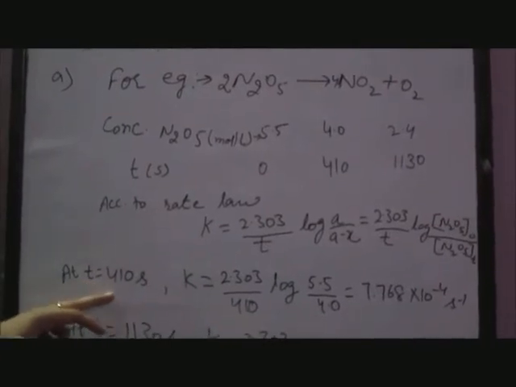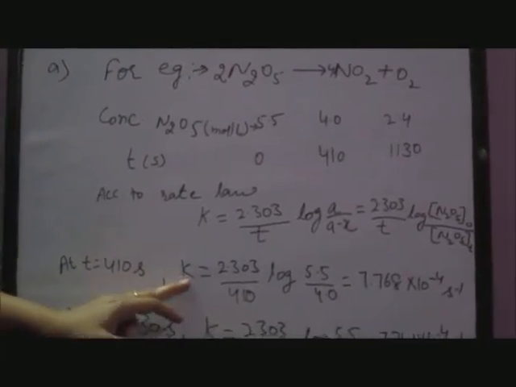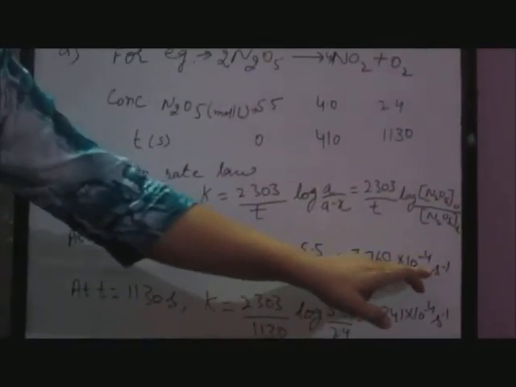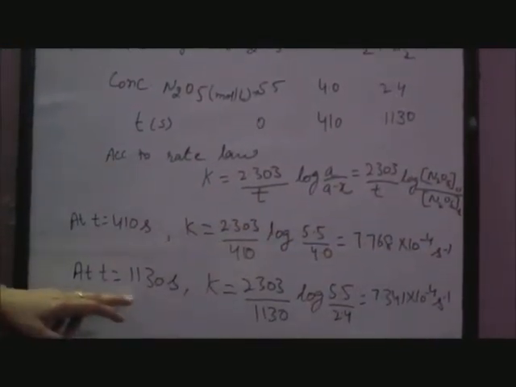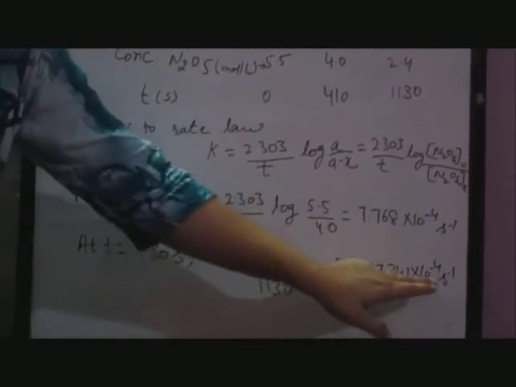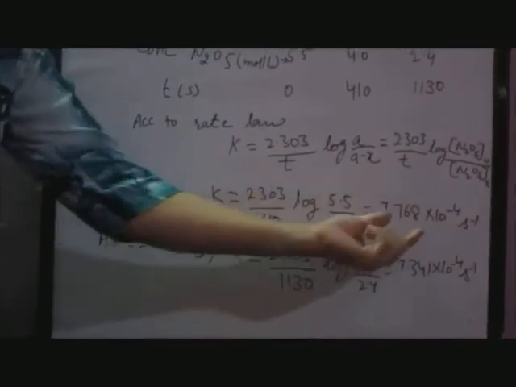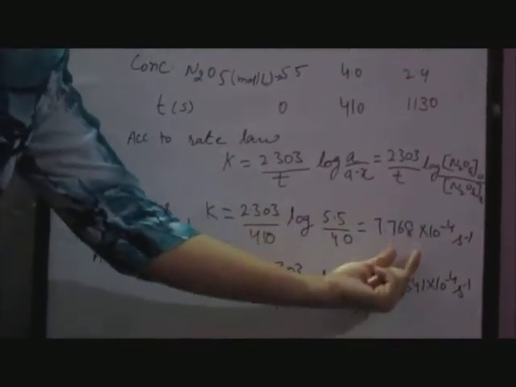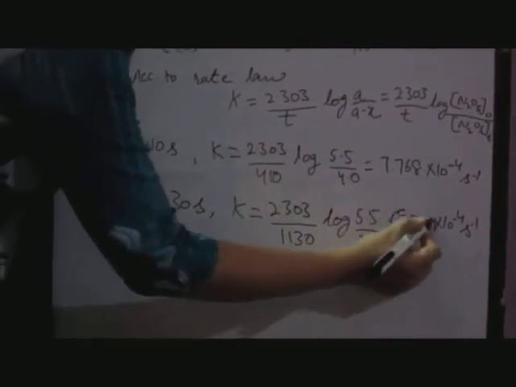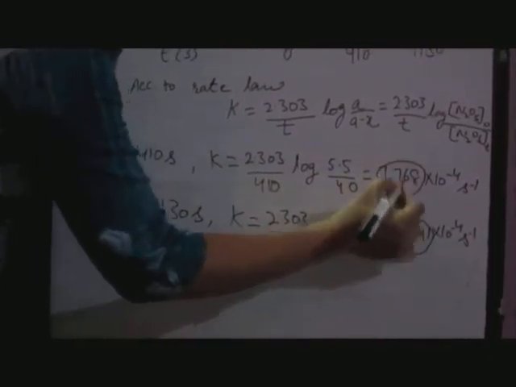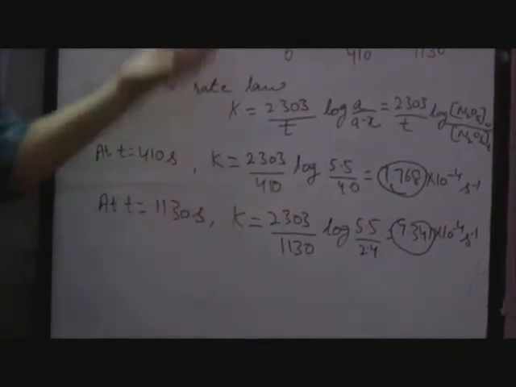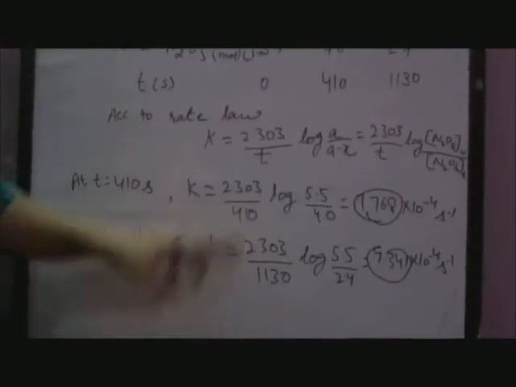At time t equal to 410 seconds, K comes out to be 7.768 × 10⁻⁴ second inverse, and at time 1130 seconds, K comes out to be 7.341 × 10⁻⁴ second inverse. These two values are approximately the same, which suggests that the order of this reaction is 1.